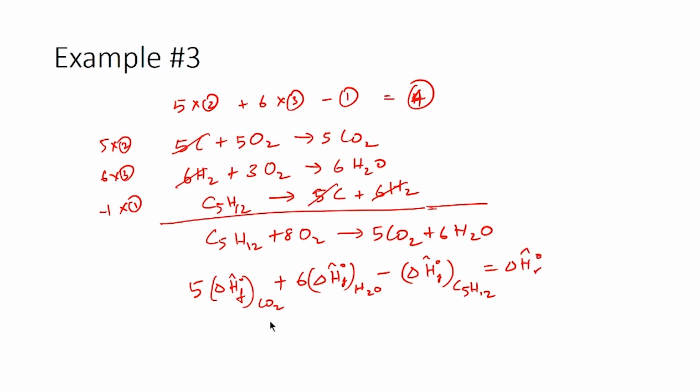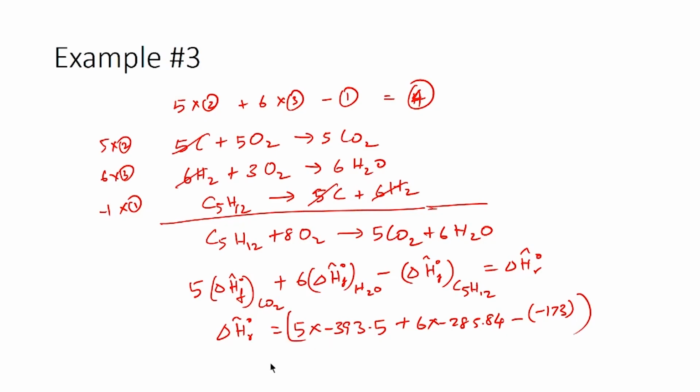So, knowing the heat of formation for carbon dioxide and water, we will plug them here. This can be obtained from your textbook or from any reference book. This would be 5 times minus 393.5 plus 6 times minus 285.84 minus of minus 173, and this value, delta H R cap, is equal to minus 3509 kilojoules per mole.